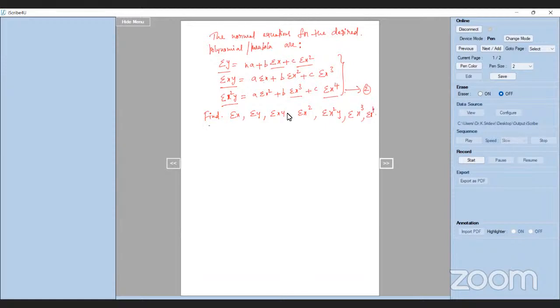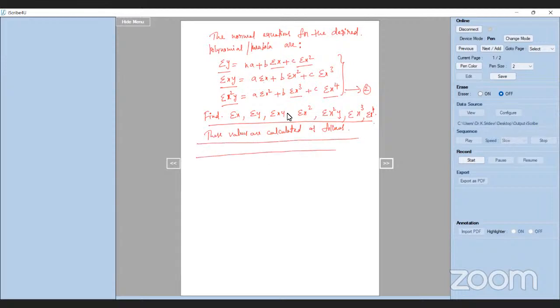We have to find all these values. These values are calculated as follows, according to the table.